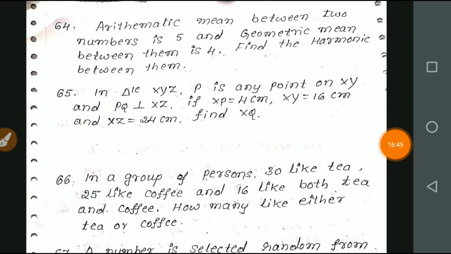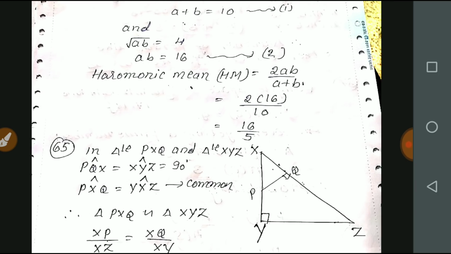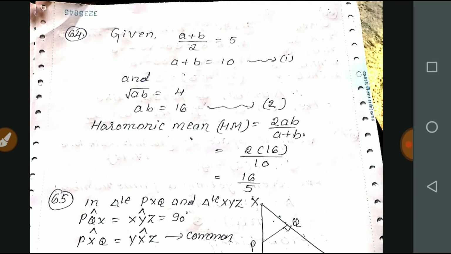Arithmetic mean between two numbers is 5 and geometric mean between them is 4. Find the harmonic mean between them. Here, arithmetic mean formula is (a plus b) by 2. Therefore (a plus b) by 2 is equal to 5.